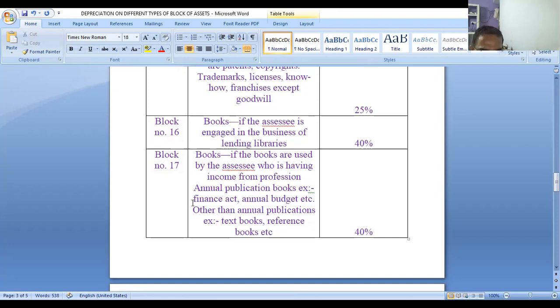A chartered accountant has to buy the annual budget, that heavy book, and read the Finance Act, and subscribe for textbooks or reference books. On those books, 40%. So on books, for any purpose, we can say by default 40%.